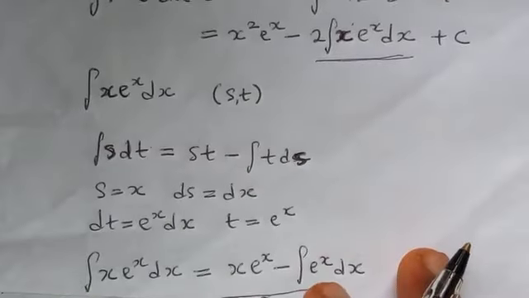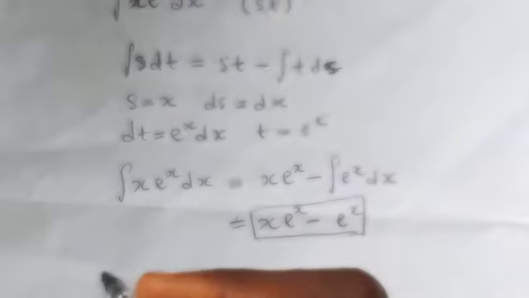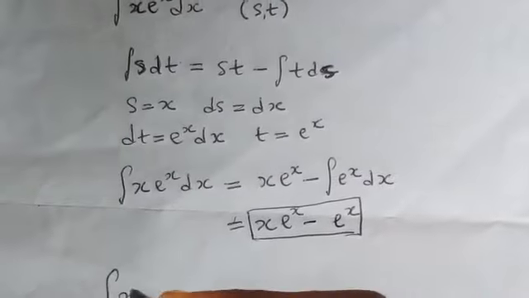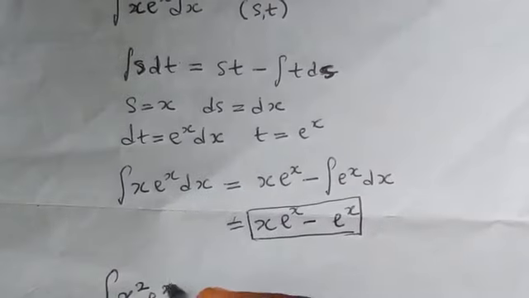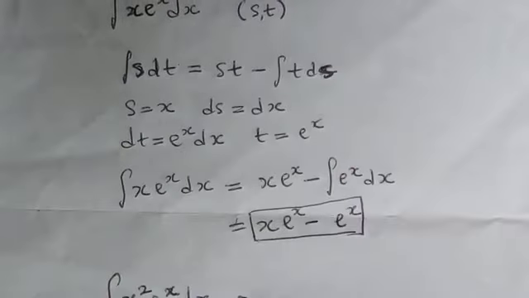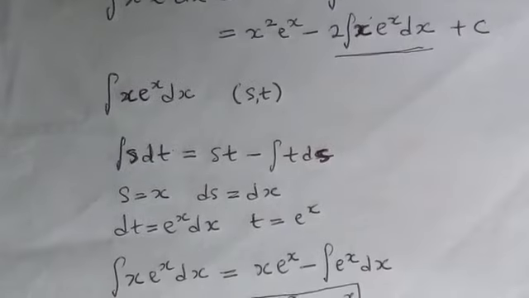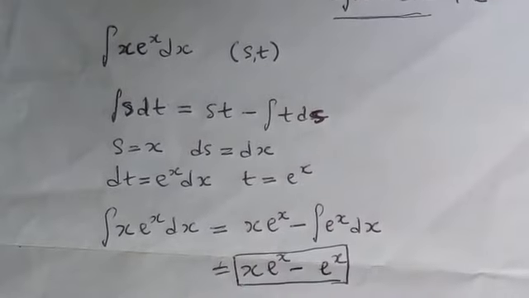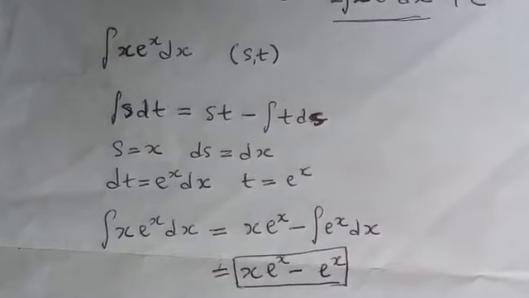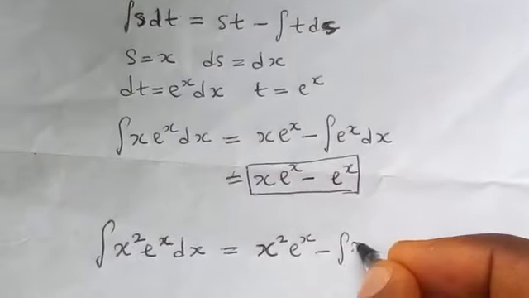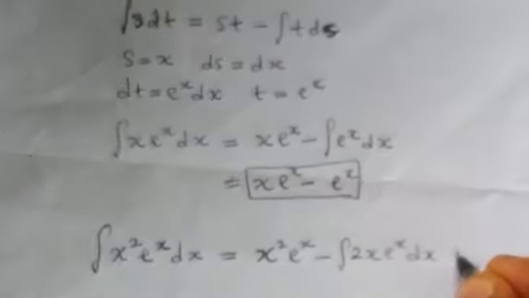So by substituting this in here, our main question is integral of x raised to power 2 e raised to power x dx equals, from here we have x raised to power 2 e raised to power x minus integral of 2x e raised to power x dx plus c.